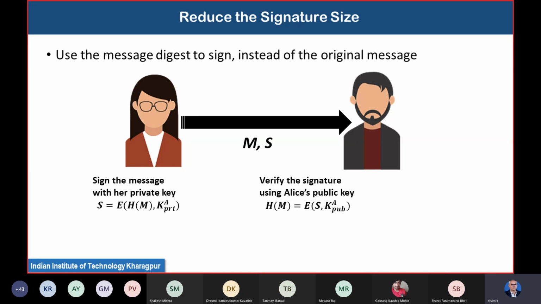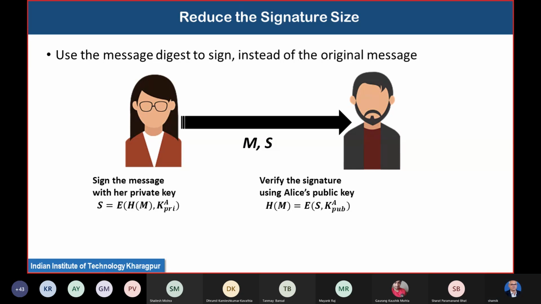Now again, the whole thing, this M and S, as one of you asked, can also be further encrypted with the public key of Bob, and he could, as a first step, decrypt that using his private key to obtain the information, and then apply all these steps.